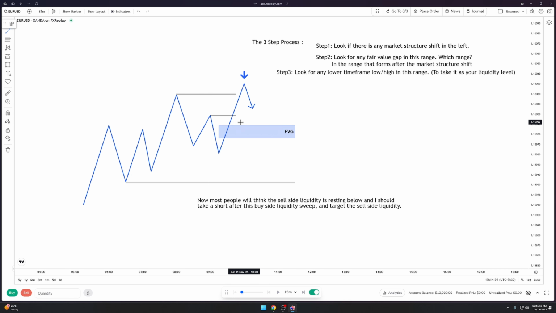Then, suppose you have any low like this on your lower time frame, then you have to mark the low. Then the market will typically do something like this on your lower time frame. It will sweep your liquidity and then continue in the direction supported by the market structure shift.